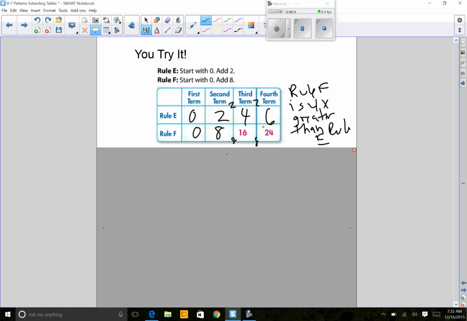Rule F grows 4 times faster than rule E. So those are two things we could get out of taking these two sequences, putting them onto a chart and looking at how they correspond to each other. So that's extending tables with corresponding sequences.